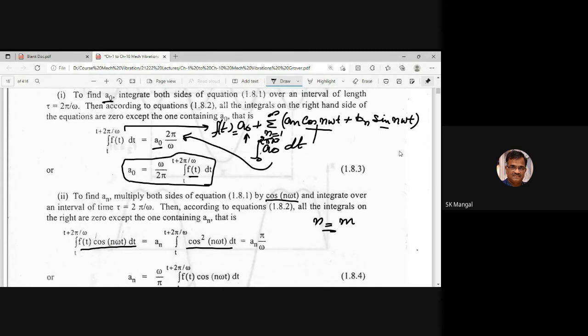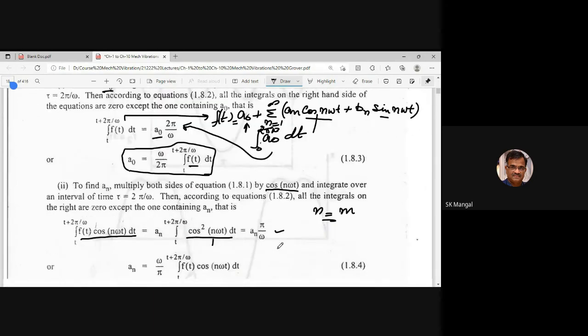So it simply becomes this value, and you can find the value of a n from this.